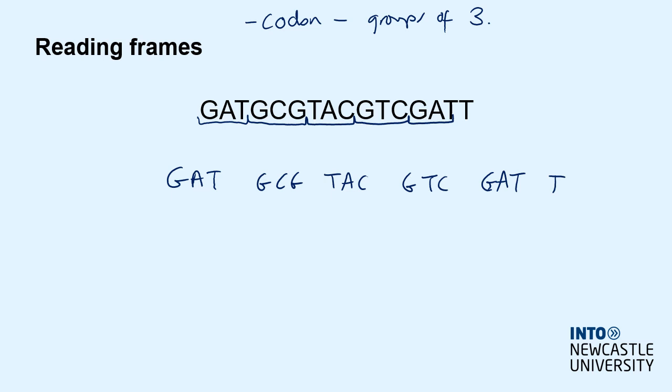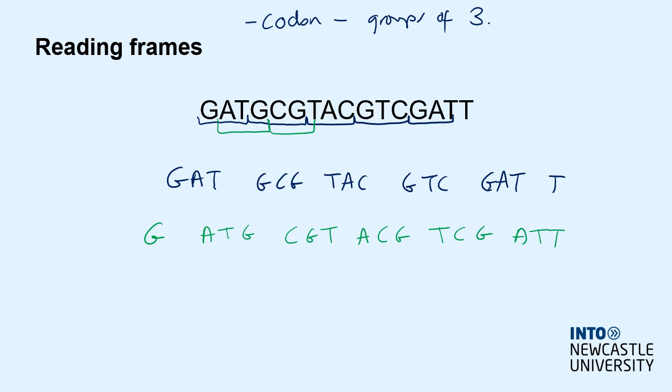And you would code that with the amino acids using the codon table, and you'd get the primary sequence of that protein. If we read it in a different reading frame, that would be how we do it. So we'd have a G, and then we'd read ATG, CGT, ACG, TCG, ATT.